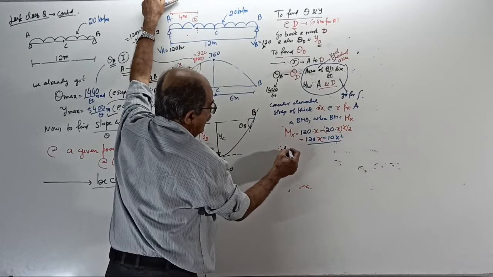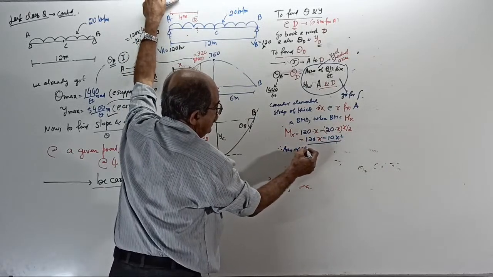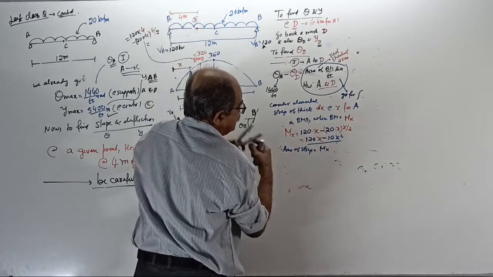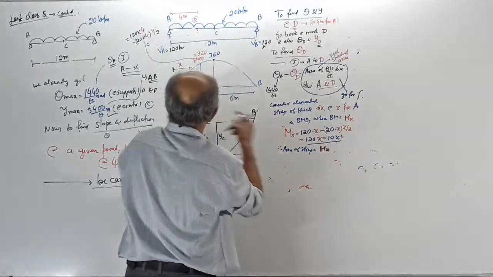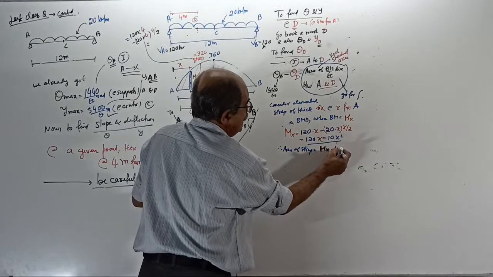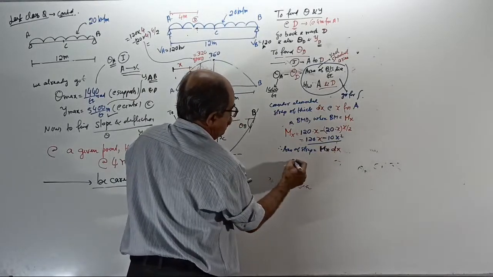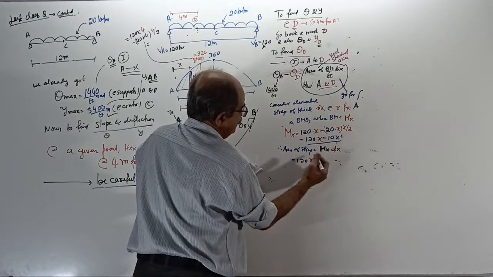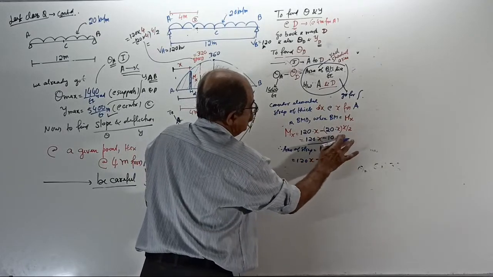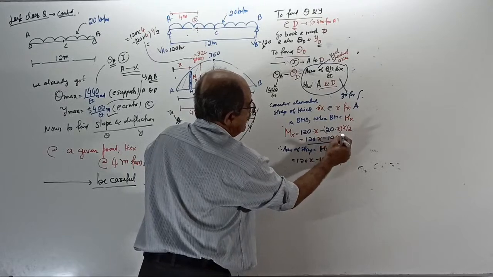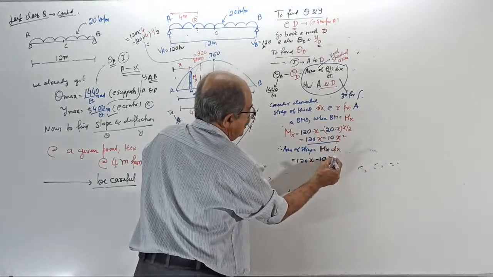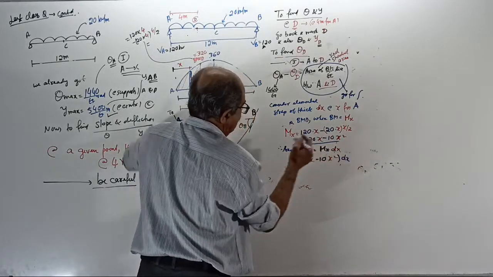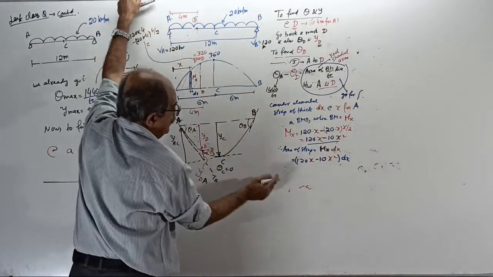Therefore, the area of the strip equals Mx into dx, which equals (120 into x minus 10 into x square) into dx. This is the area of the strip.